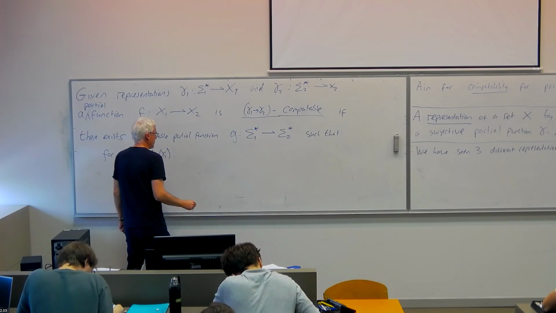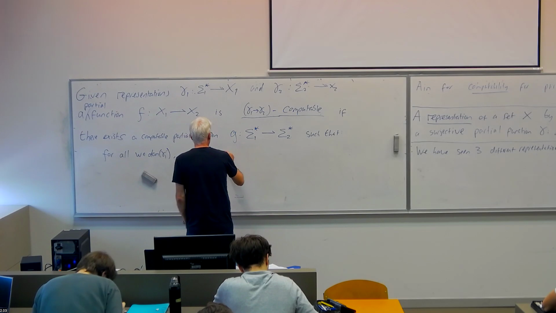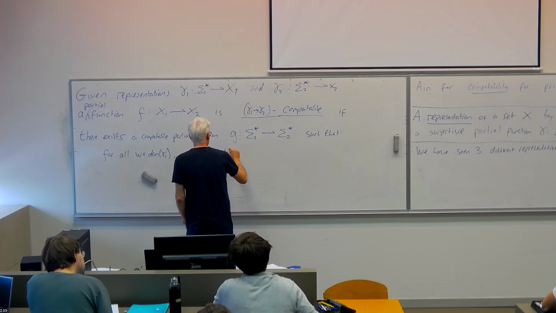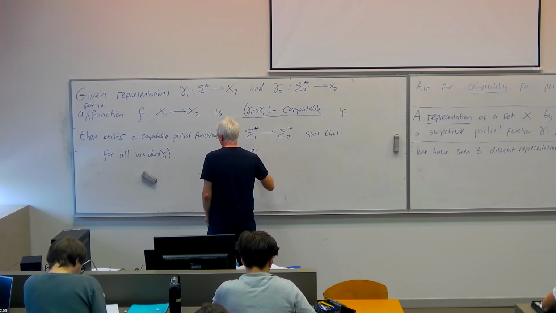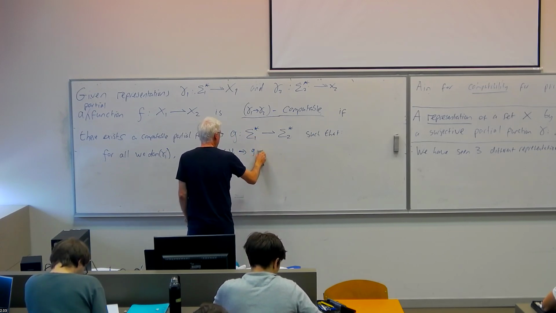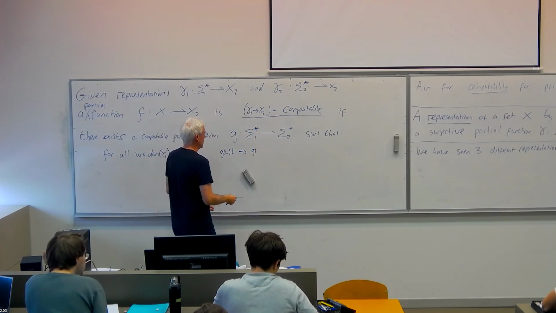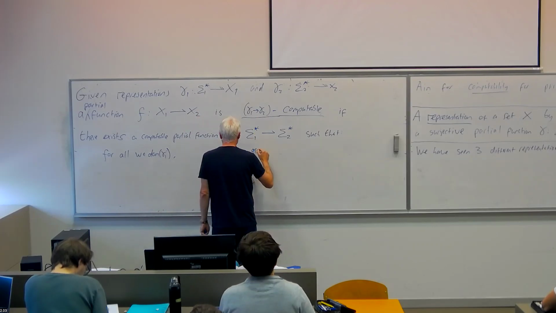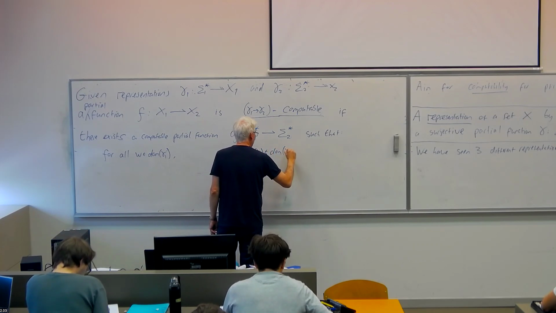And for such words, we require two properties to hold. The first property is that if P of w is defined, then, whenever P is defined on a word representing an element of x1, the value P of w is a word representing an element of x2. So P of w belongs to the domain of gamma 2.